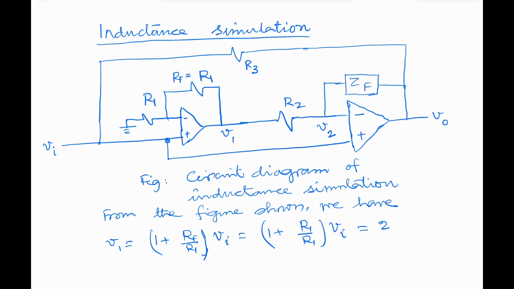So this is 2 times Vi. This is our equation 1.